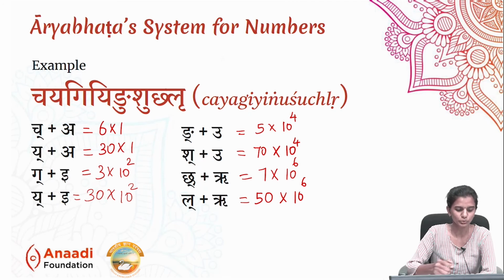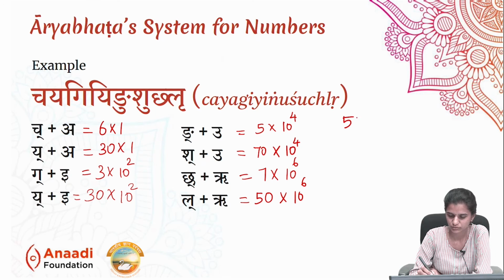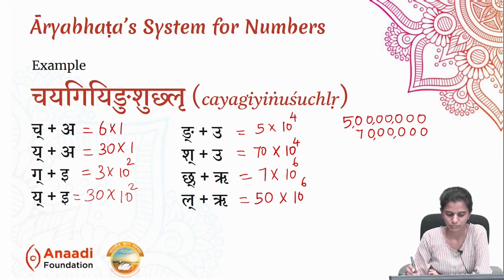Now, let us try to write all these numbers and add them. We write it. Then 7 into 10 power 6. Then we have 70 into 10 power 4. So, it's 7 lakhs.